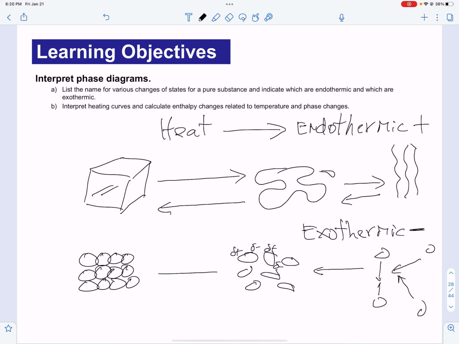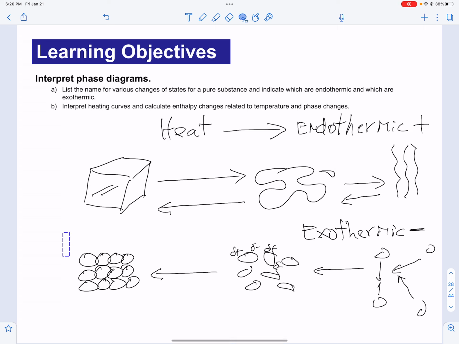As they slow down even further, the intermolecular forces really take hold, and the molecules come together and start forming a network. So solid to liquid to gas, all those are endothermic processes because they require the molecules to gain energy.